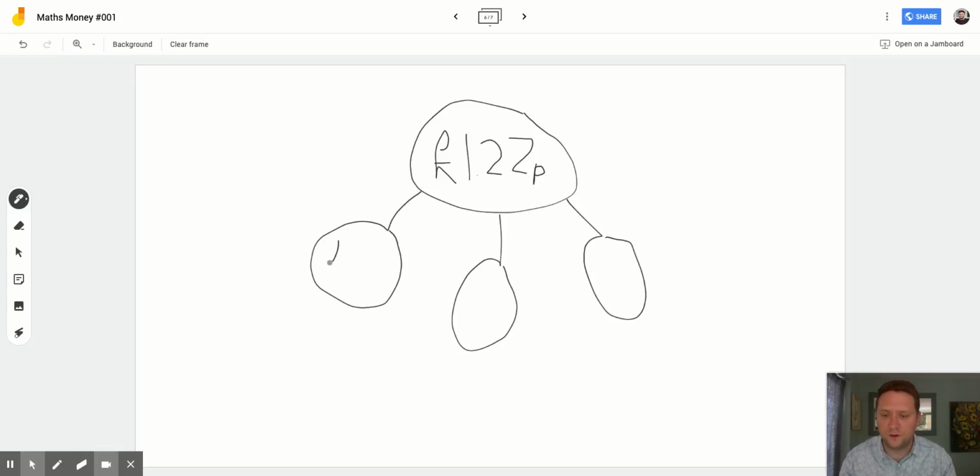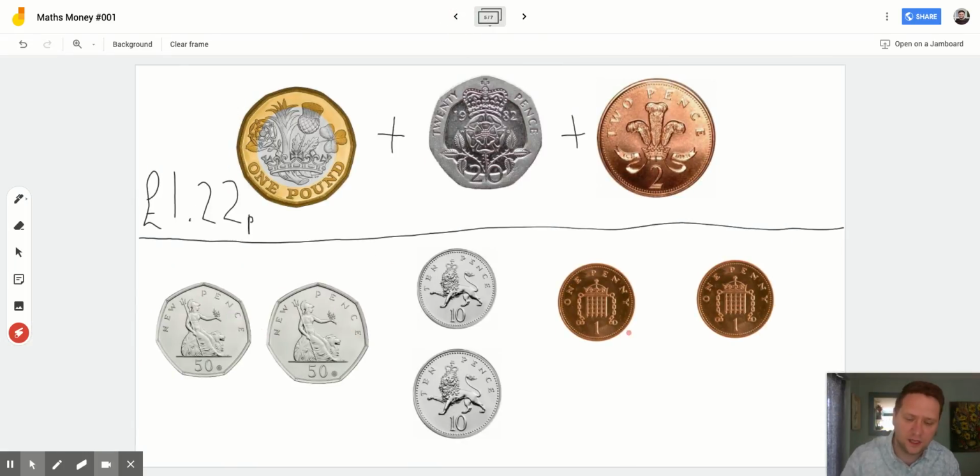So the first one was £1. I then add 20p and I add 2p. If I add these parts together, it would make this whole here. But as we showed in this section down here, my parts have changed, but the whole would stay the same.